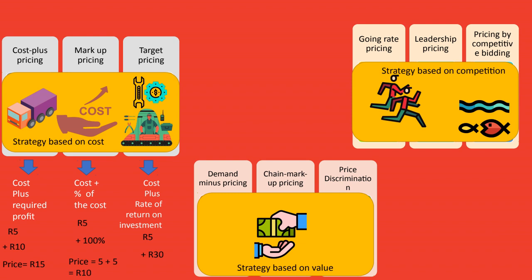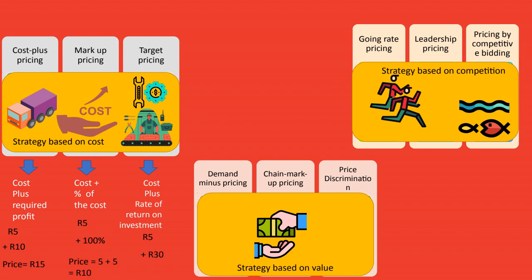A company could do this with a very strong brand image, a Coca-Cola, a Nike, an Apple type of company, and they could be, say, the price leaders where their competitors would then follow. And then we have what is called pricing by competitive bidding, and this is mainly for industrial products and services where you actually put in tenders and bid for certain, say, government contracts, etc.